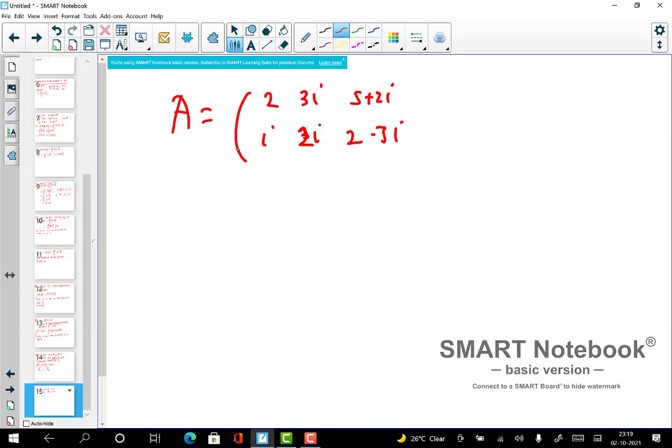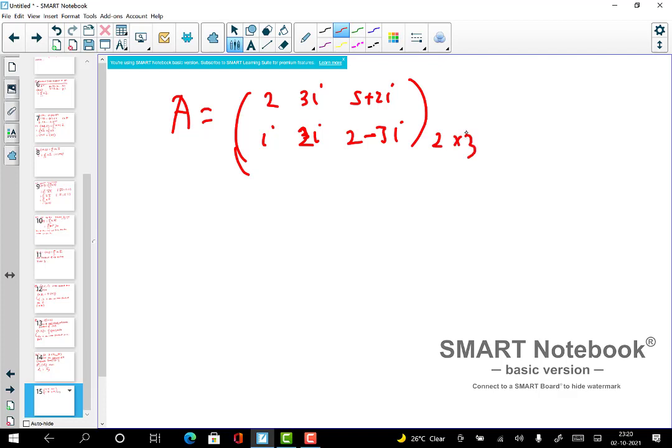This has 2 rows and 3 columns, so it is a 2 cross 3 matrix.